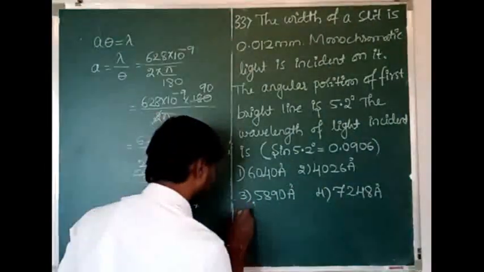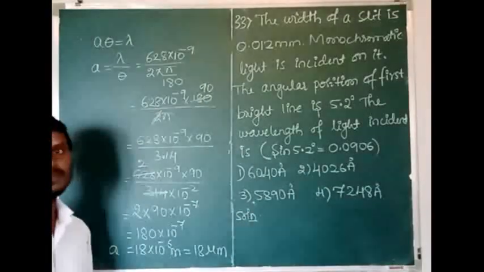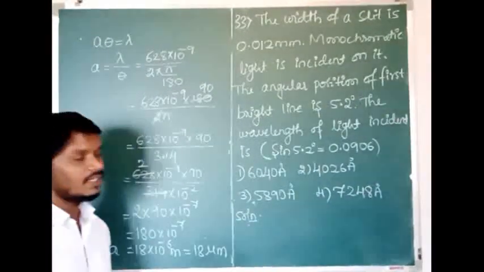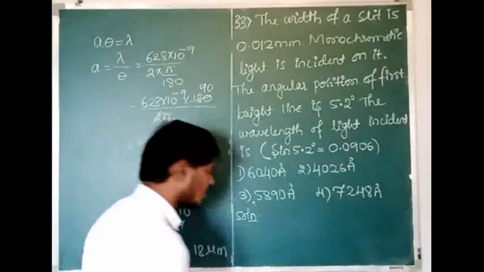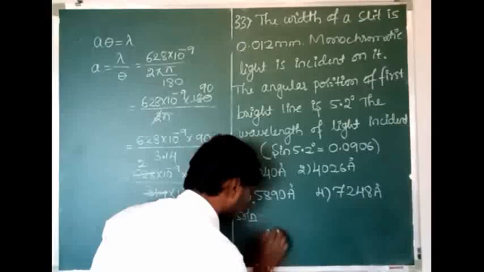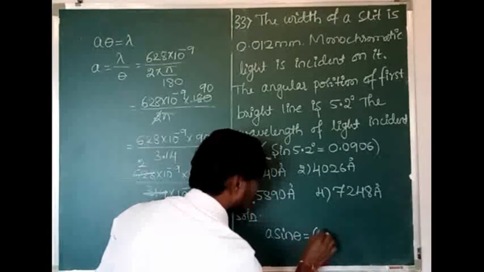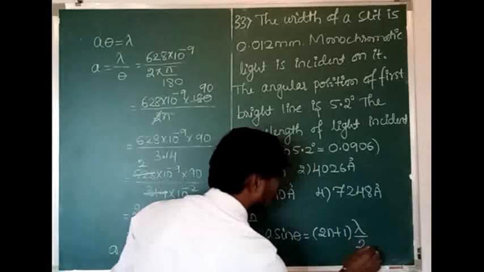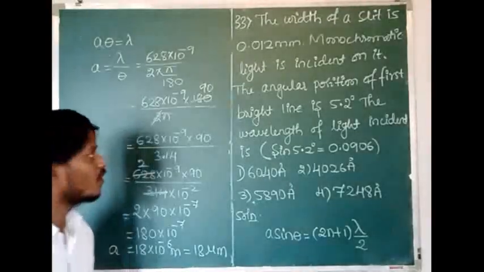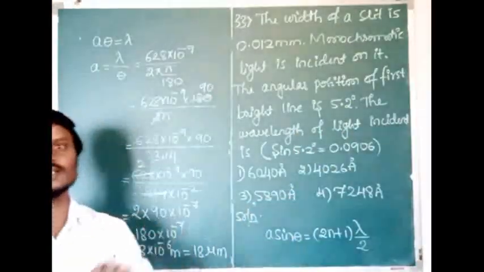Then solution. What is the expression for the angular position of the bright line here? So listen here. First we are going to use the path difference. So path difference can be written as A into sin theta is equal to 2n plus 1 into lambda by 2. Why are we going to use this one here? Because the bright line is given, and bright line means it is a maxima.